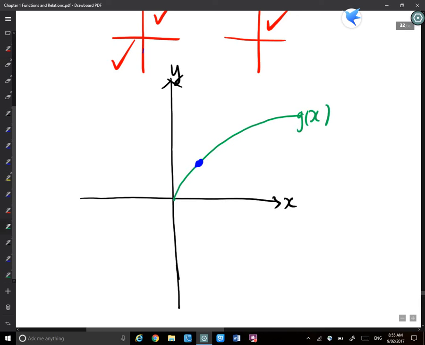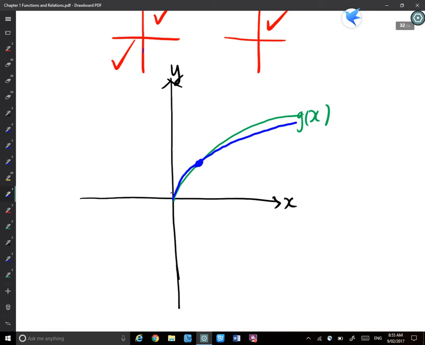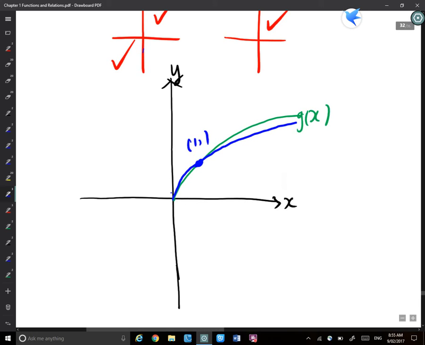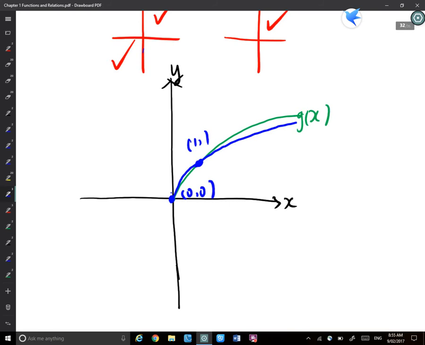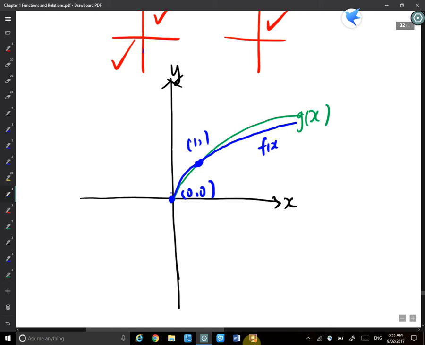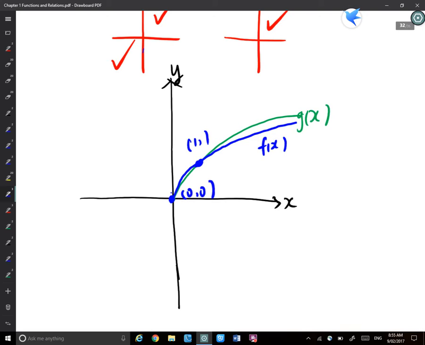Let's draw that again. Okay, they're quite close to each other, but you know that they intersect at (0, 0), they also intersect at (1, 1), which means they look like a cross shape. So fx needs to be lower than gx after 1, which means it must be greater than gx before 1.